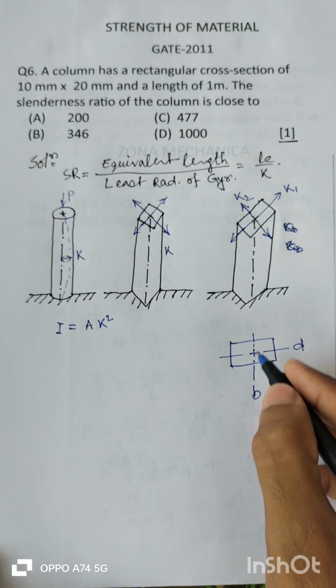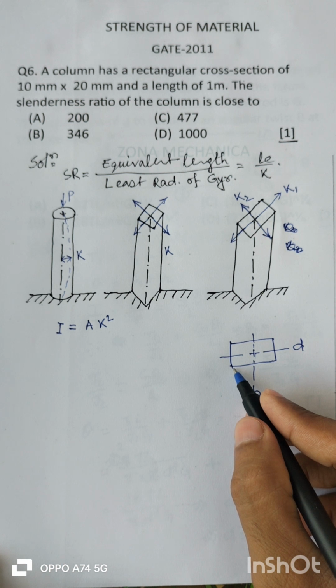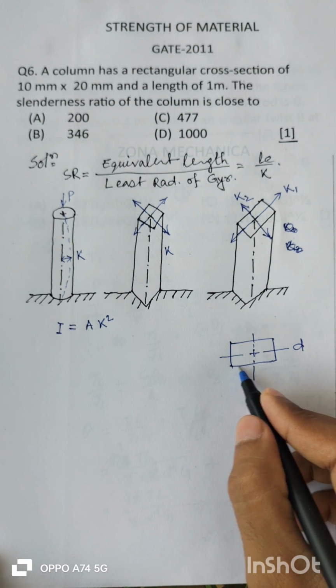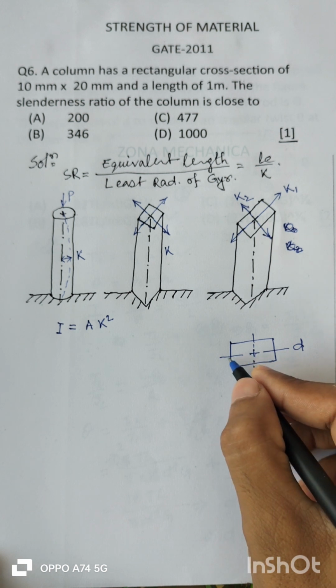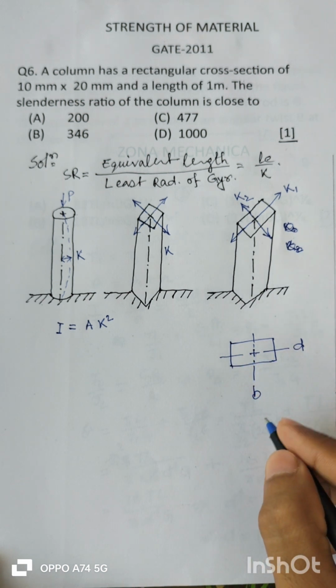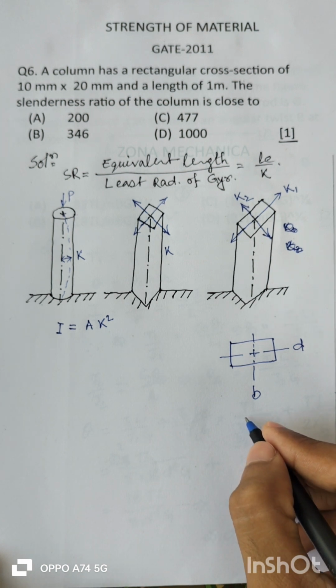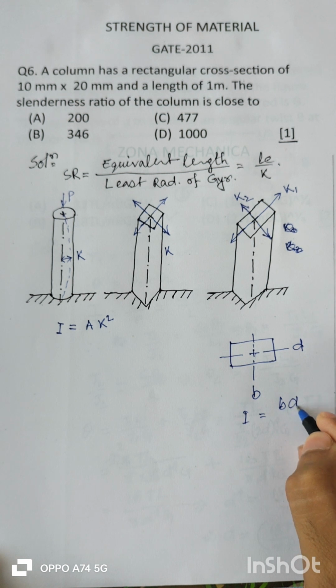So the moment of inertia, if we consider the radius of gyration along the major axis, then the moment of inertia I1 will be B d cube by 12.